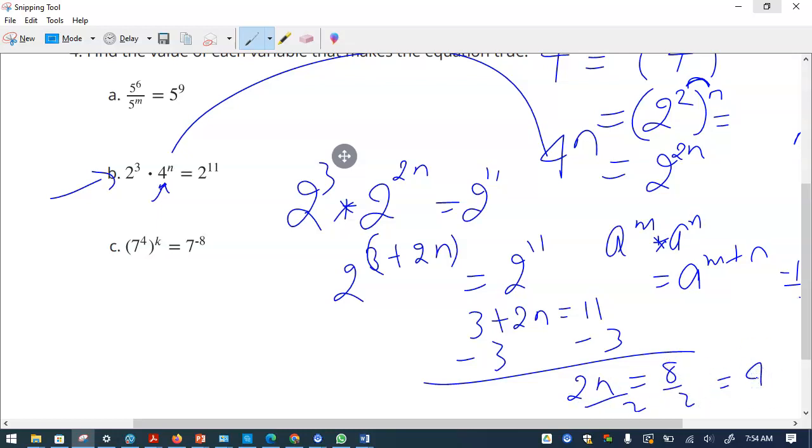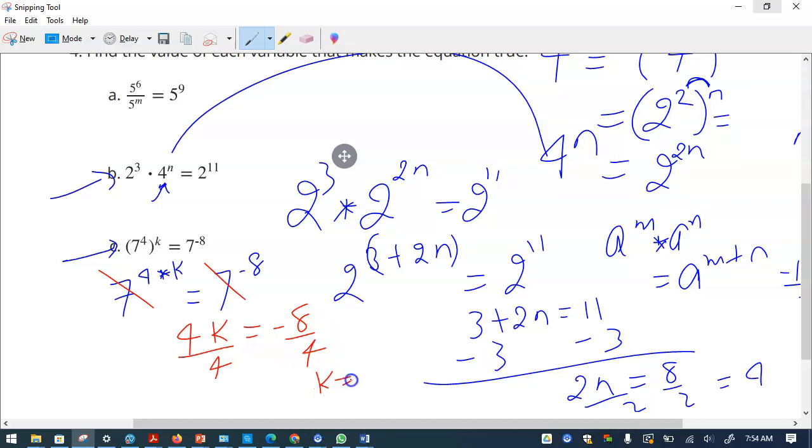And you're done. And the last one is C. You have to use the power of power. That means 7 raised to 4 times k, and the right side is 8. So now both the left and the right have the same base. I'll just cross this out, and what you are left with is 4k equals minus 8, and divide by 4, and get k equals minus 2, and you're done.